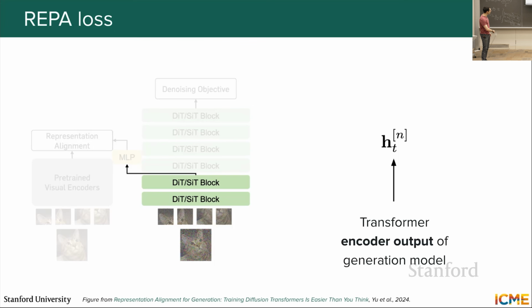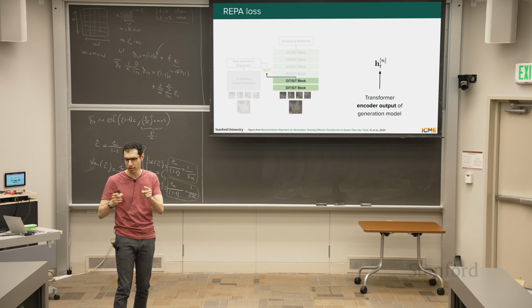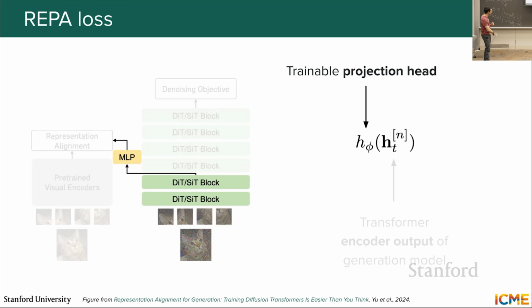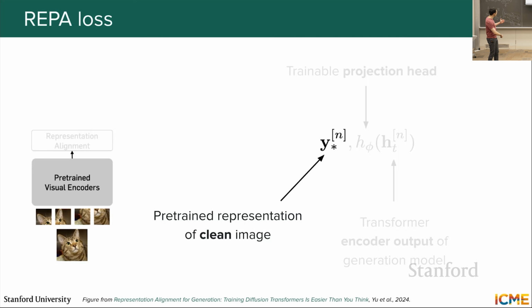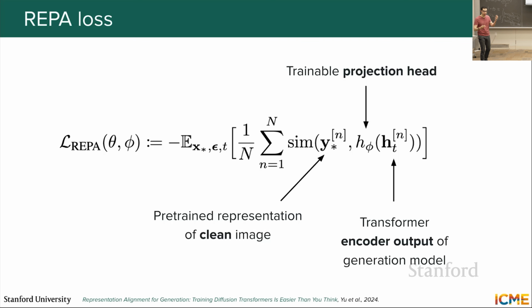So here, what we're saying is, in the diffusion transformer, you have several layers. So you're taking the encoded output of a given layer. Let's call that HT. And here n, I believe, represents the patch, let's say for a given patch n. And let's project that on a space where we can compare the equivalent clean patch representation from the pre-trained encoder, and then have a similarity operation between the two.